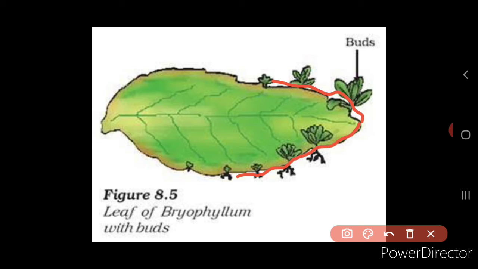So at the edge of the leaves, the small plants grow, and these develop into a daughter plant which is genetically similar to the parent plant. So this is called vegetative reproduction by leaves. The example is bryophyllum, where the small plants grow at the leaf notches.